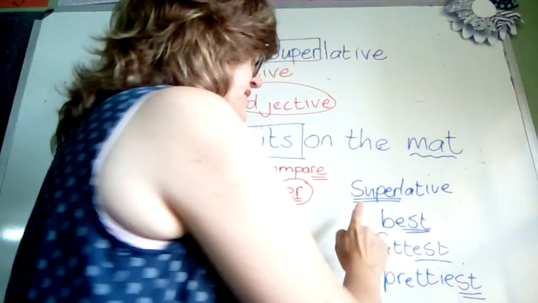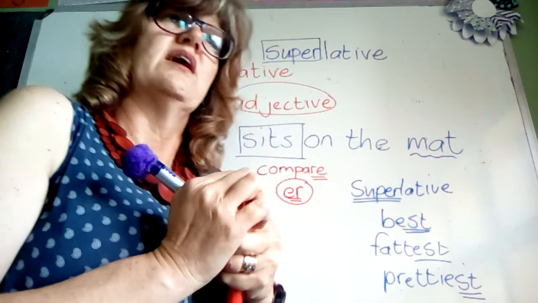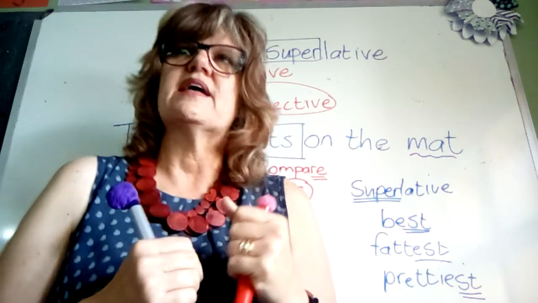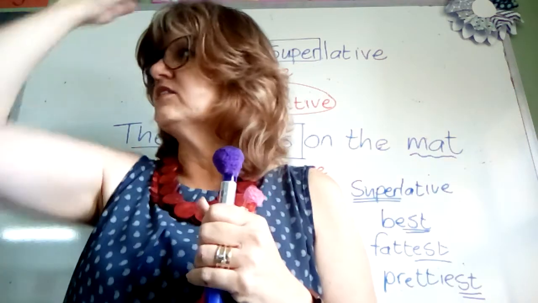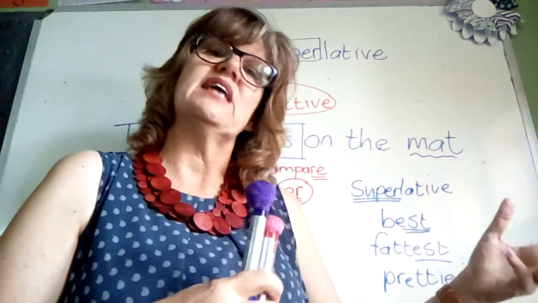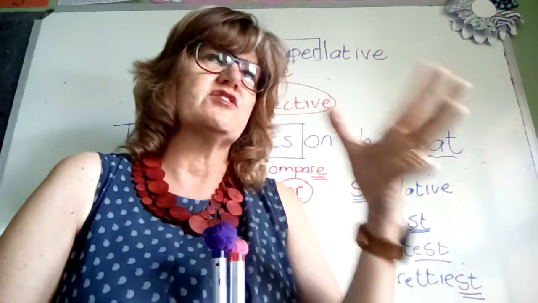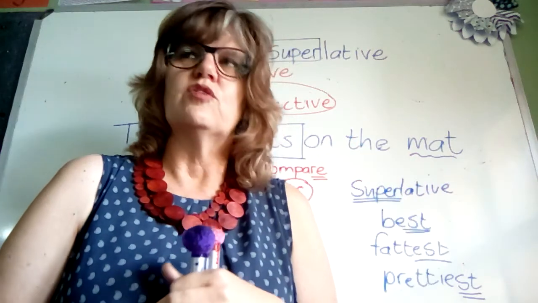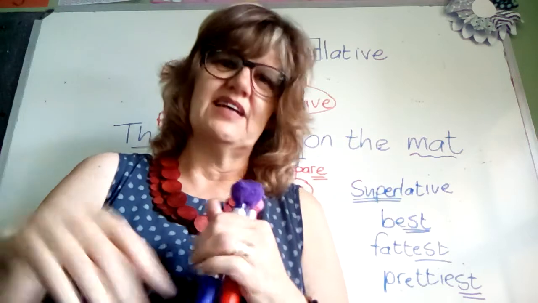But with this one, actually with both of them, we sometimes get words where we compare things that I cannot say beautifuler. I cannot say intelligenter. I cannot say this person is the beautifulest in our class. Or my dad is the intelligentest guy ever.